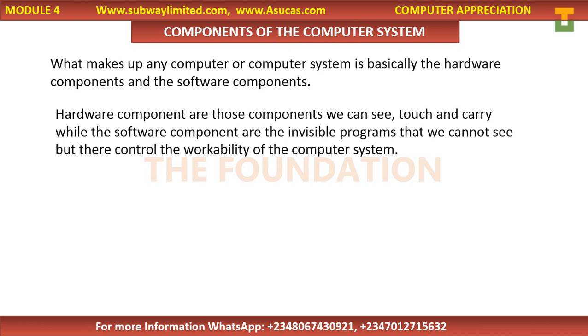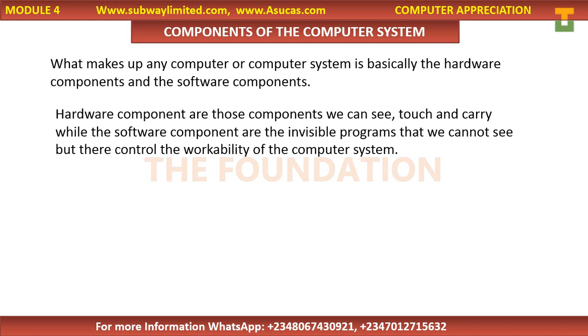We can't touch them, but we can feel the impacts. So when we say soft copy, those things we cannot see, but we can at least attest to it. You can read on your laptop screen. That is soft copy.